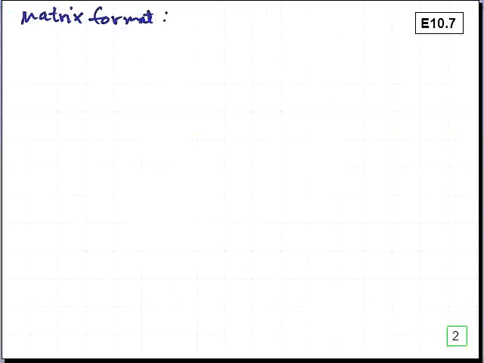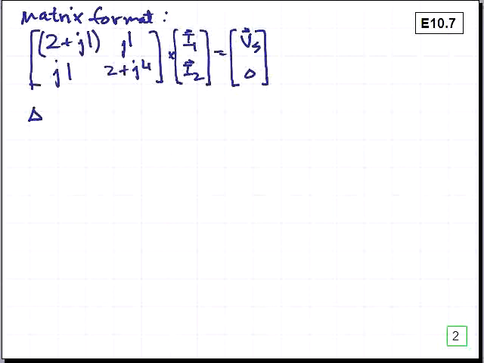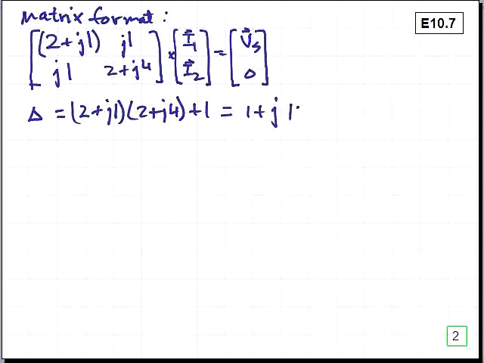So writing the preceding equations in matrix format, we'll have now the determinant delta of the impedance matrix is equal to (2 plus j1) times (2 plus j4) plus 1, and that is equal to 1 plus j10, which in polar form is 10.05 at an angle of 84.29 degrees.